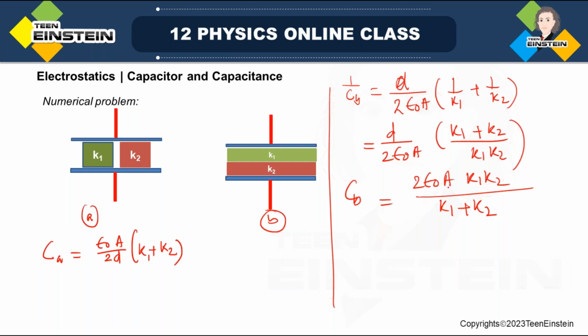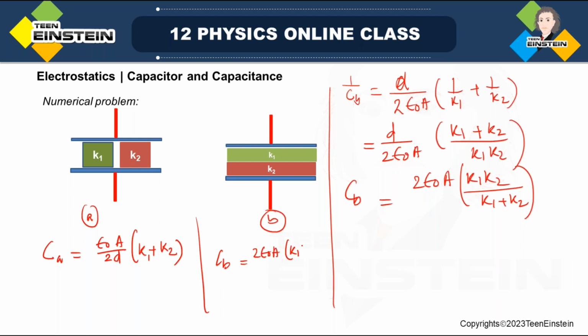Let me just do one thing, I'll write this part alone. So we have got both the things. Now we have to take the ratio. So I can just write simply here CB is equal to 2 epsilon naught A K1 K2 divided by K1 plus K2. Okay, this is the one.